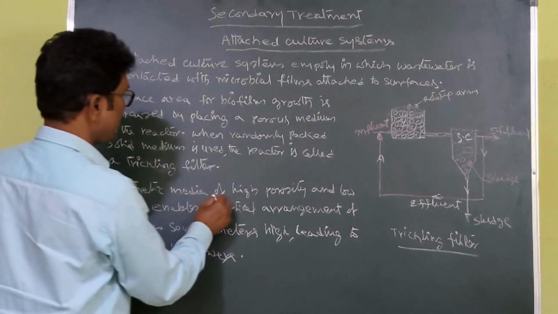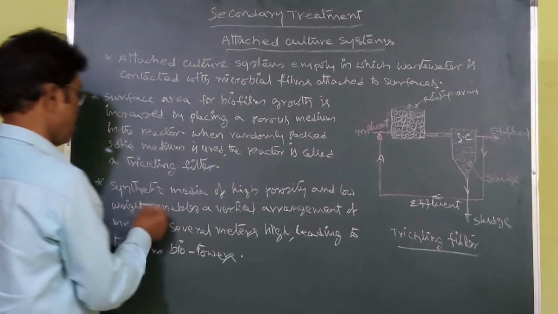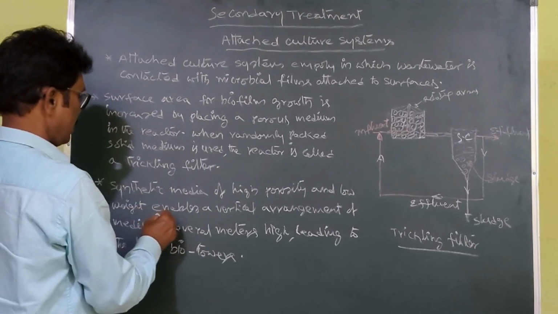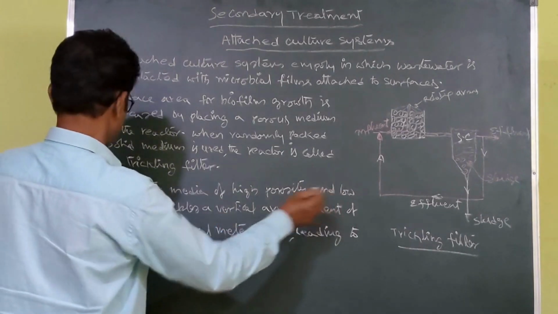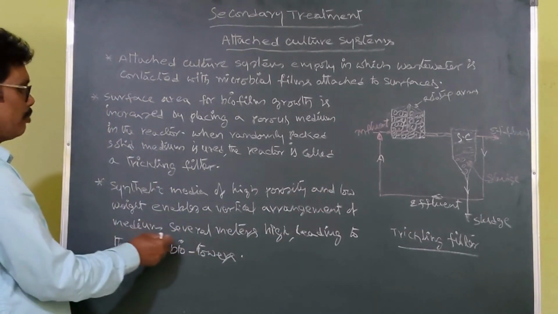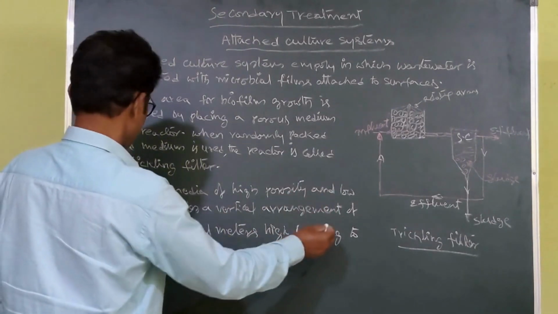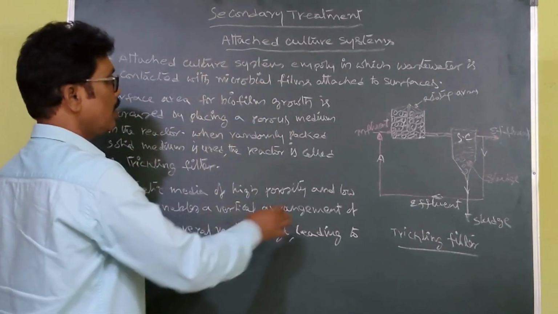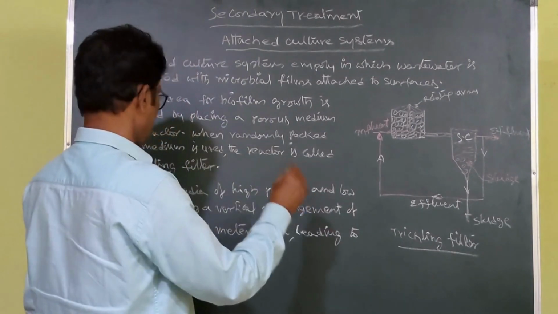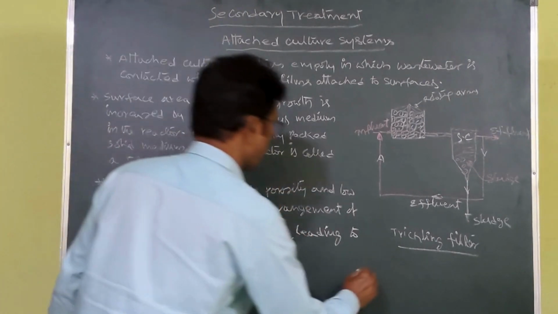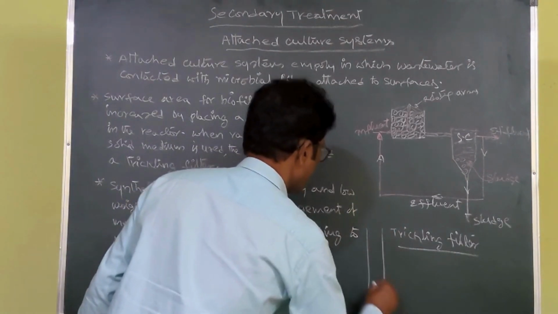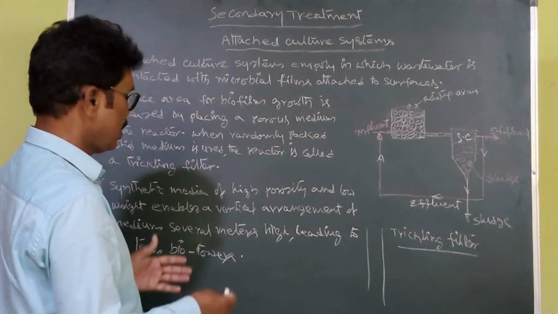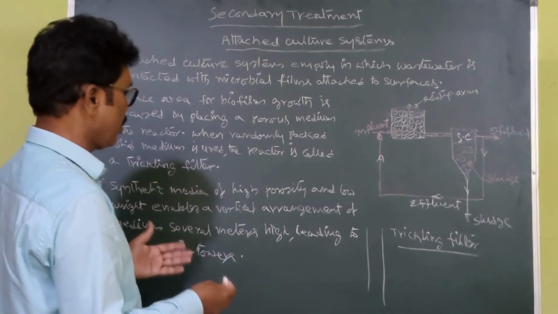The synthetic media has high porosity and low weight, and enables a vertical arrangement of media several meters in height, leading to the term biotowers. Of course, in the attached culture system, one is the trickling filter, another one is the biotower. The height is very high because the weight is light and the media is very porous.